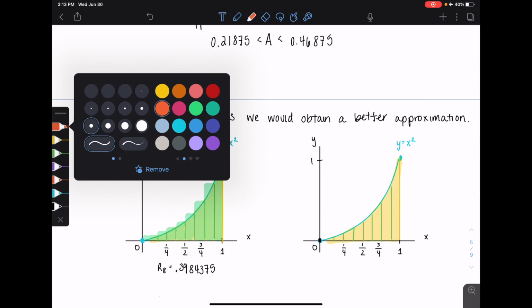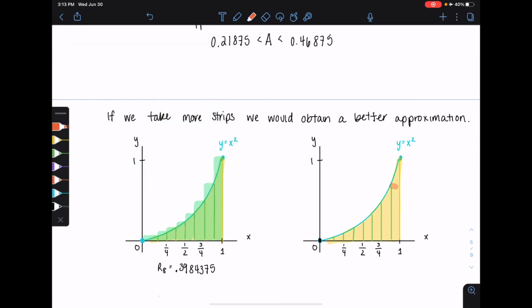If we use the left endpoints, again, you're going to get an under approximation because it's going to be below the curve. So under, under, under, under, under, under, under, and then the last one, not going to have anything there. But if you use the left endpoints, you'd see it's about 0.27.